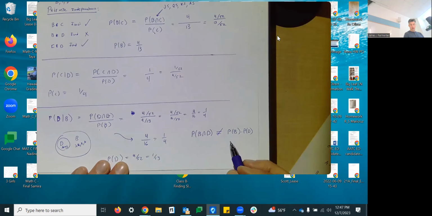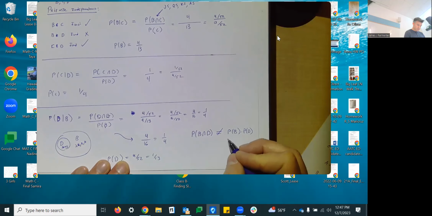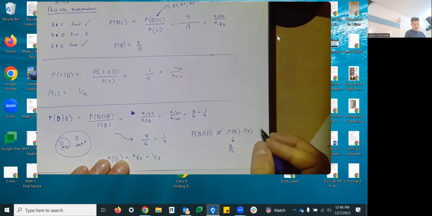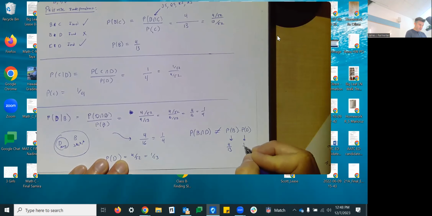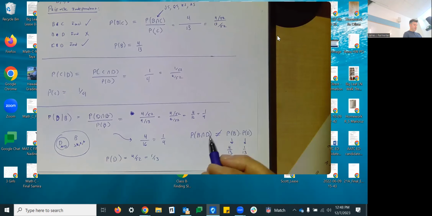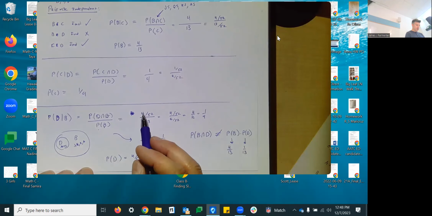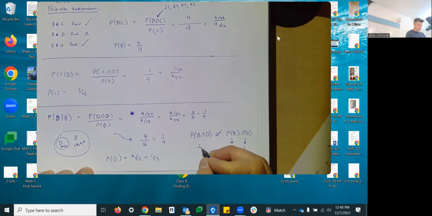The probability of B was 4/13. The probability of D was 1/13. And the probability of B intersect D was 4/52 or 1/13. And those are not equal to each other.